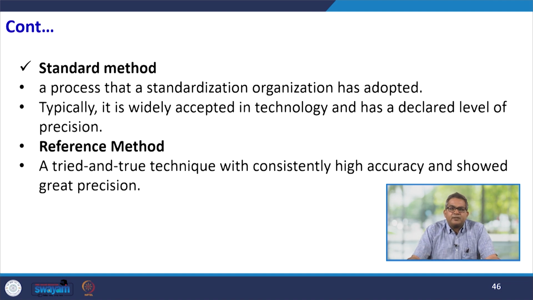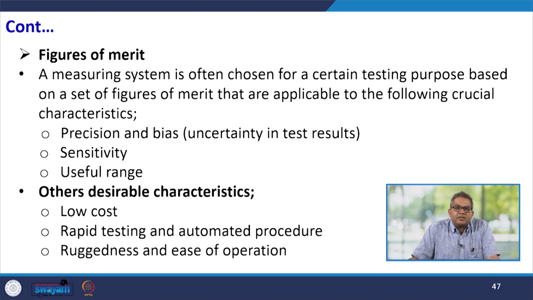The standard method, a process that a standardization organization like ASTM has adopted. Typically, it is widely accepted in technology and has a declared level of precision. The reference method, a tried and true technique with consistently high accuracy and great precision.